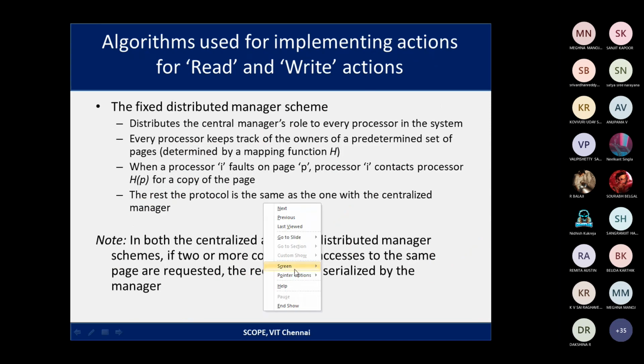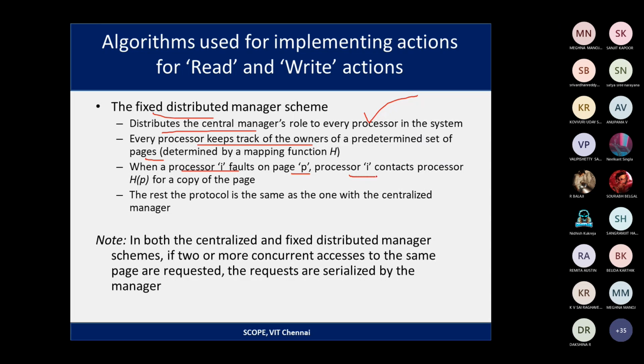For the algorithms used for read and write actions, we can have the fixed distributed manager scheme. It distributes the central manager role to every processor in the system, and every processor keeps track of the owners of a predetermined set of pages. Whenever a processor has a page fault, it contacts the appropriate processor for the copy of the page, because based on the mapping function we know who the owner is.